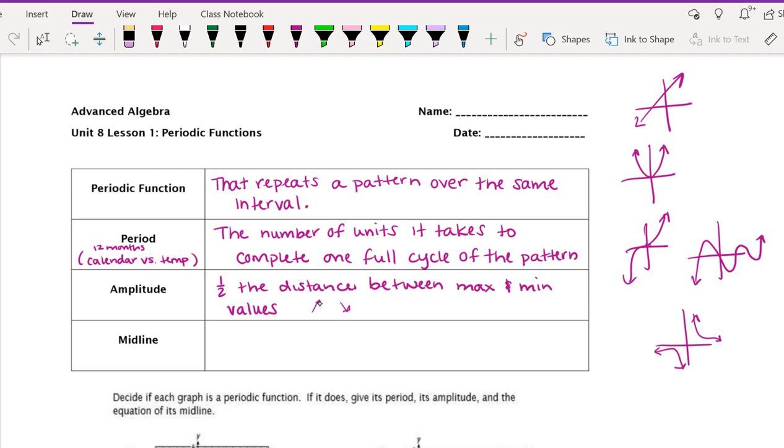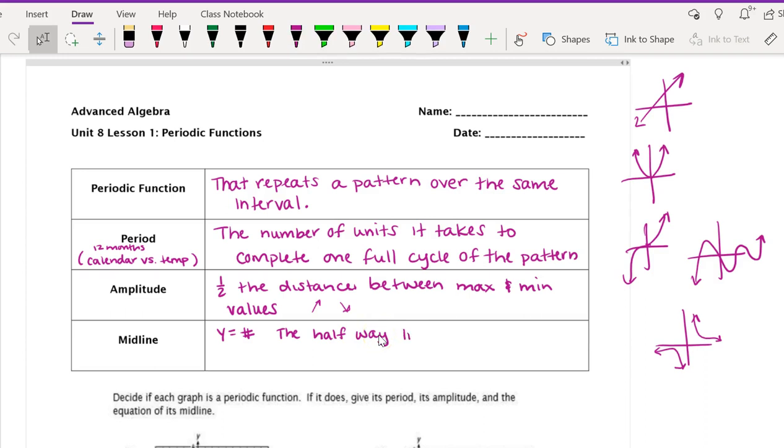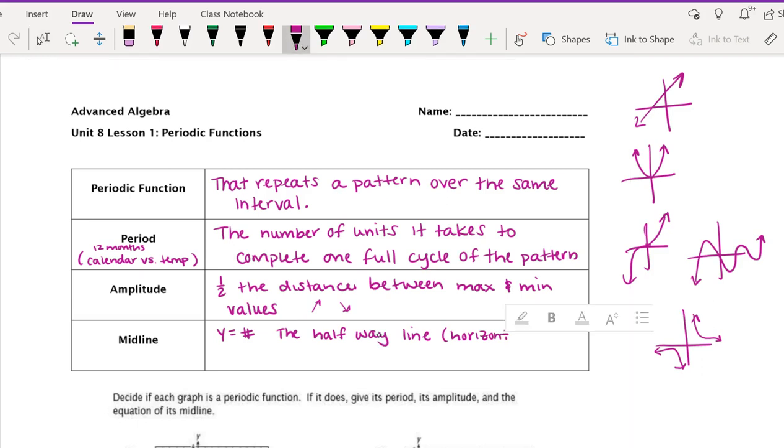And then the midline is y equals some number where it is the halfway point horizontally between the maximum and the minimum.